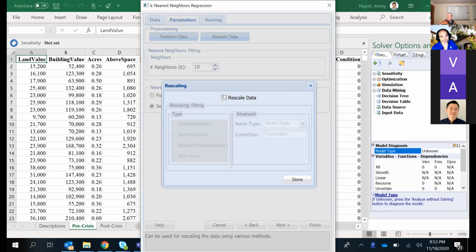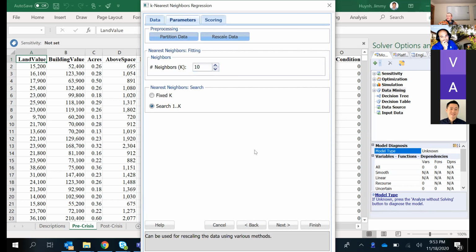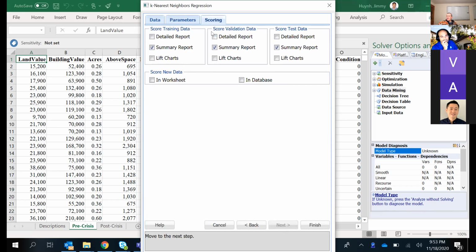And I want to standardize it. And do all of them. You want a detailed report? Yeah. Your last checkbox is missing: score the test. Oh, whoops, sorry. Okay. That's it.